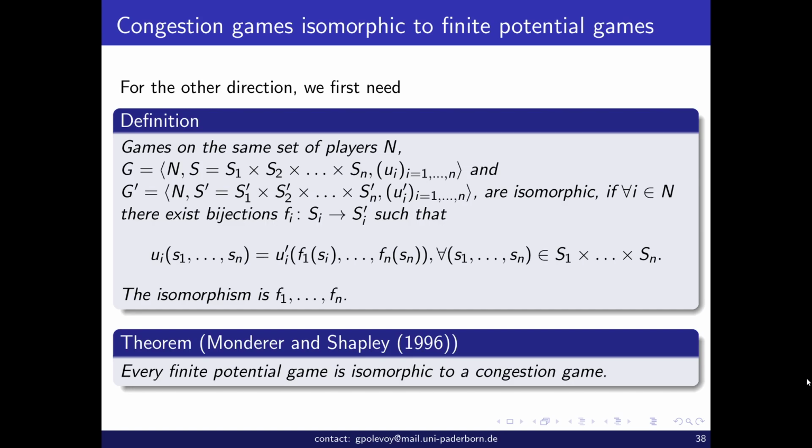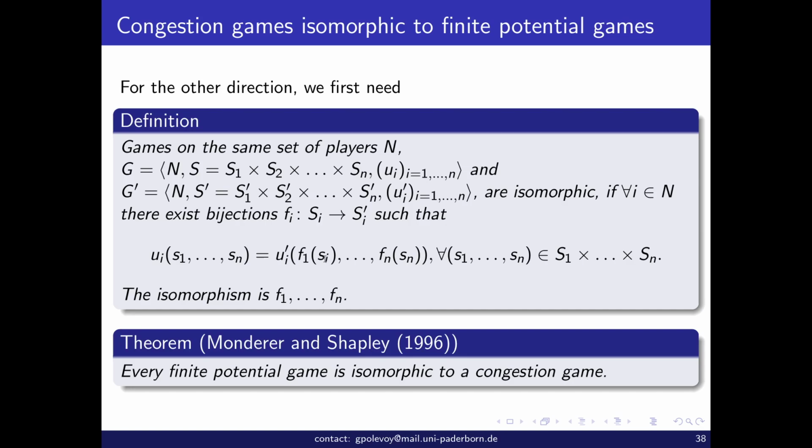Okay. Now I've changed it, so the requirement is that the utility of the original profile is the same as the new utility of the profile, which is obtained from the original by those functions f1 and fn, which are applied on s1 till sn respectively.